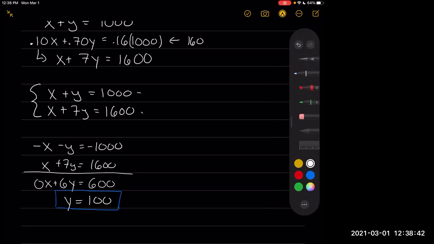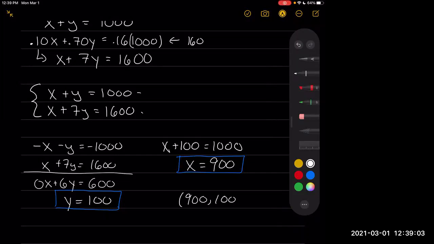And then if we back substitute, where we plug this 100 into the first equation, we get x plus 100 equals 1,000. And then subtracting 100 from both sides, we get x equals 900. So our solution is 900, 100.